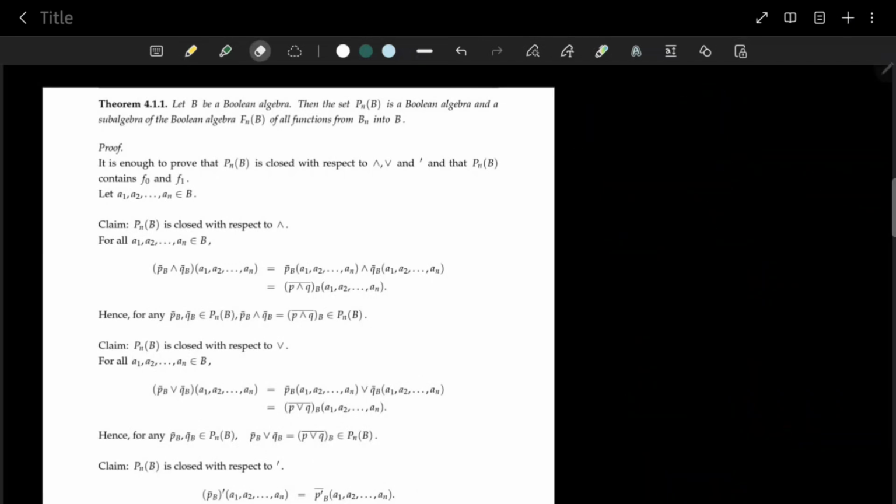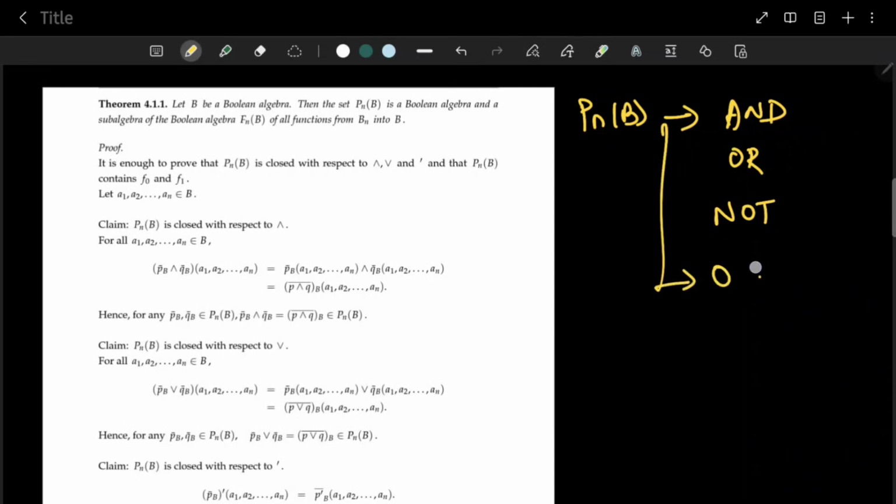So finally, P_n(B) is closed under AND, OR and NOT, and also contains 0 and 1. It satisfies all the conditions of a Boolean algebra. So we now conclude that P_n(B) is a Boolean subalgebra of F_n(B). So now our theorem is proved.